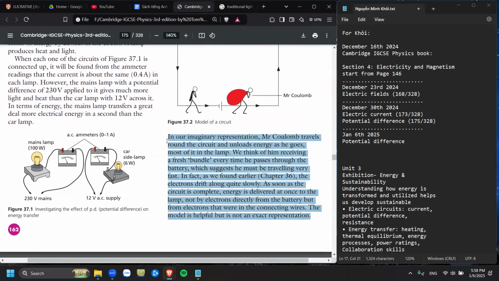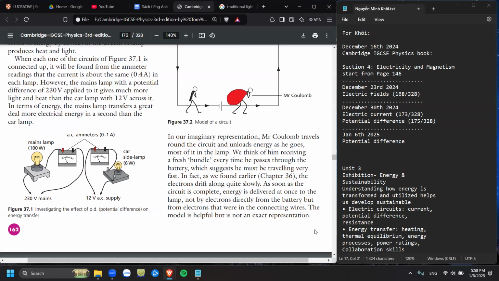All right, let's read this one. In our imaginary representation, Mr. Coulomb travels round the circuit and unloads energy as he goes, most of it in the lamp. We think of him receiving a fresh bundle every time he passes through the battery, which suggests he must be traveling fast. In fact, as we found earlier in chapter 36, the electrons drift along quite slowly.